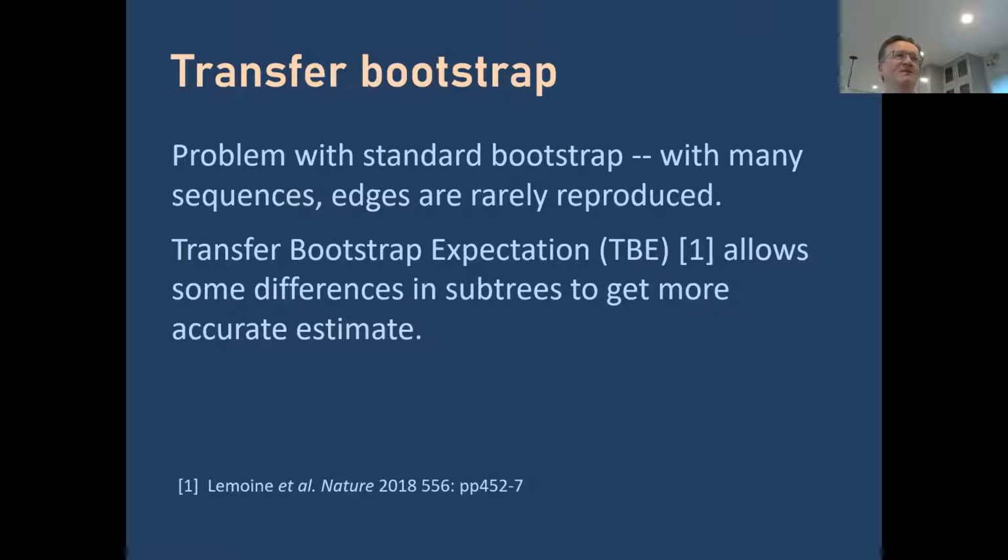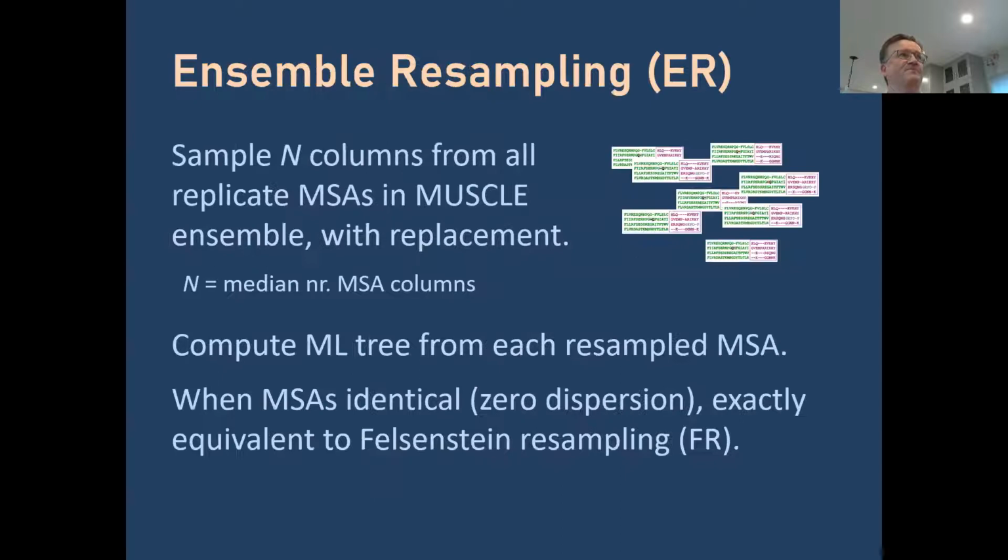So the idea with transfer bootstrap is to look at whether an edge is approximately reproduced, and you get some credit for that. This method was used in a study that I'm going to be referring to, so that's why I'm giving the background here.